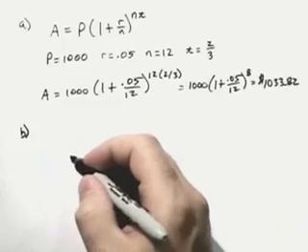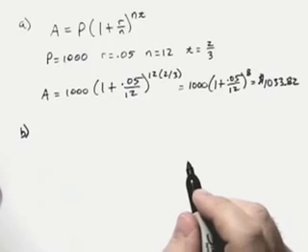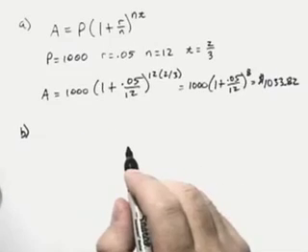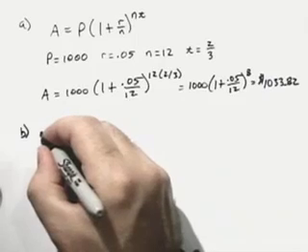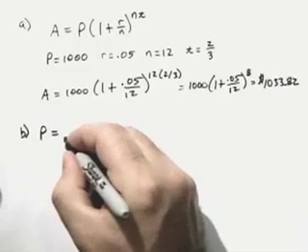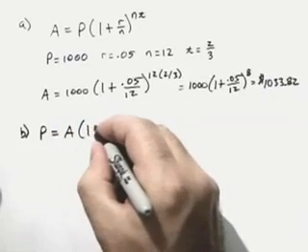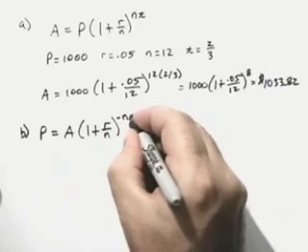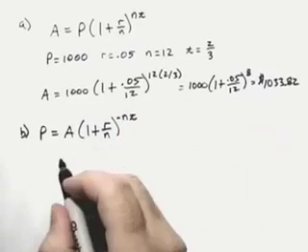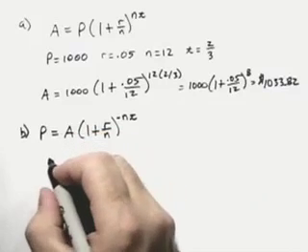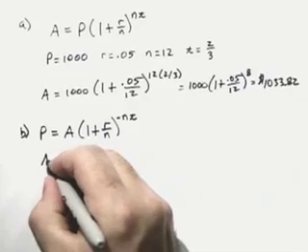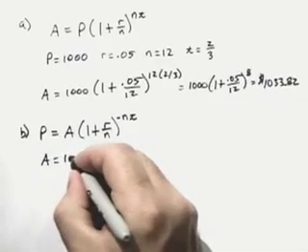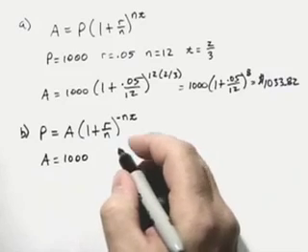In Part B, we again have compound interest, but we're interested in the required present value. So we'll use the present value formula. P is equal to A times (1 plus R over N) raised to the negative NT power. We want to have $1,000, so A, our future amount, is 1,000.